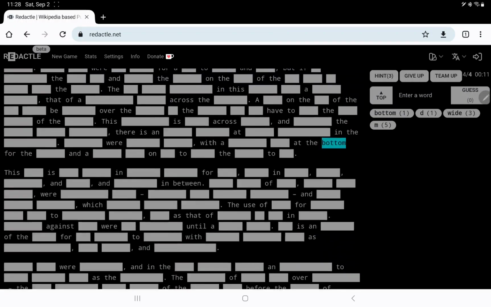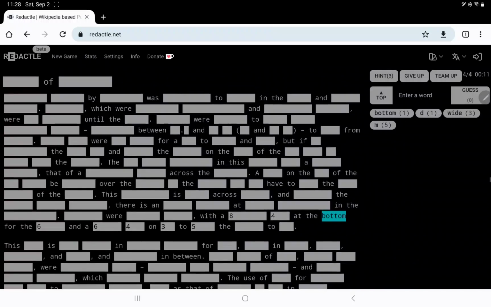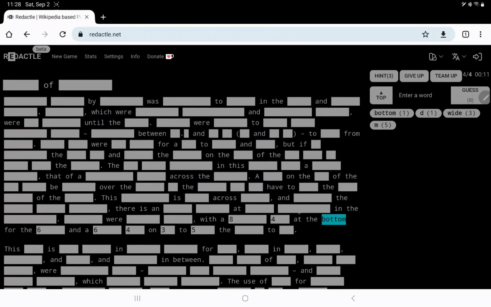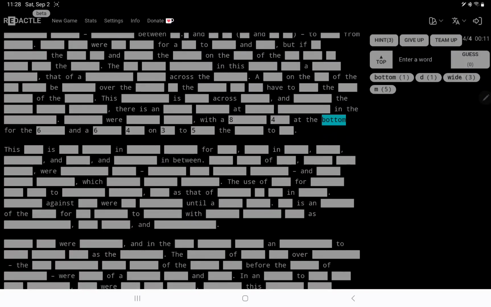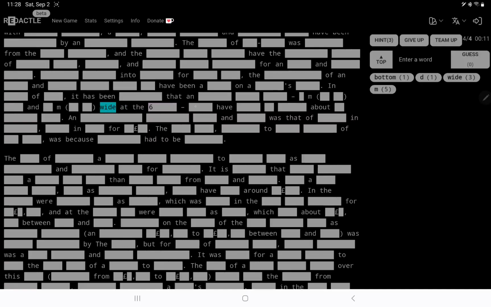All right, I am going to start looking at these words because I have to see what this bottom is with a 8-4 at the bottom for the 6 and a 6-4. Yeah, it does definitely seem to be something manufactured. Let's look at my wides at the 6. I would have thought that was bottom as well.